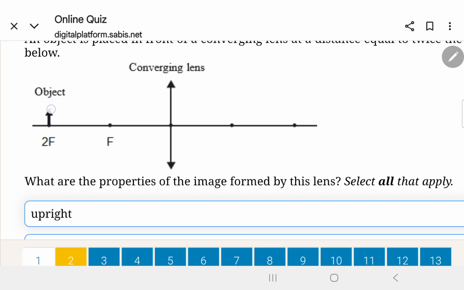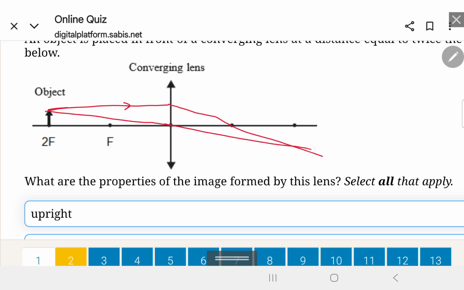We take a parallel ray from here. This ray will converge passing through the focus of the lens like this. And then we take another ray from the optical center, and this one will continue without refraction, undeviated. Now the image is formed where the rays meet.